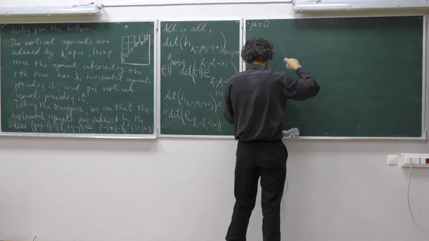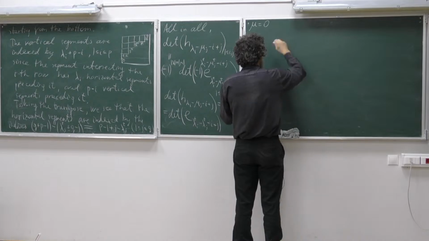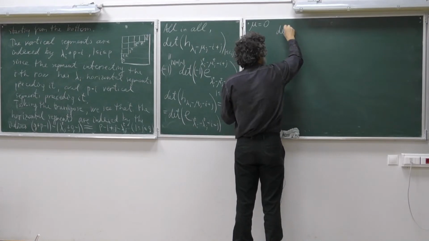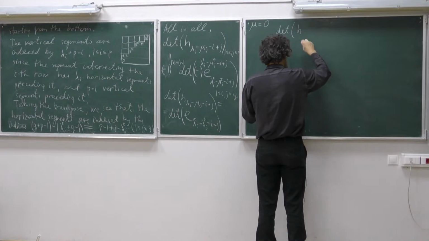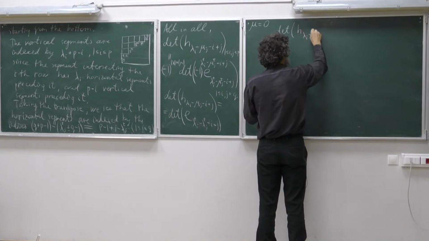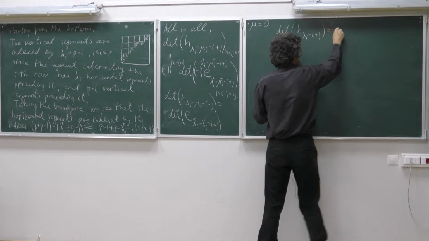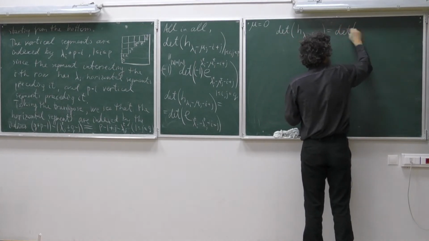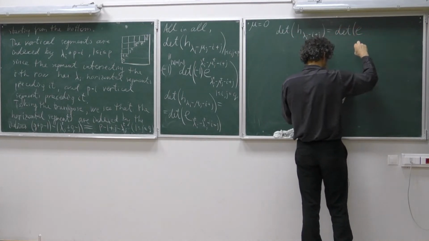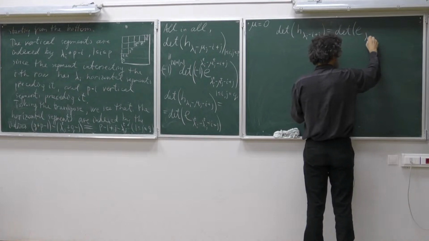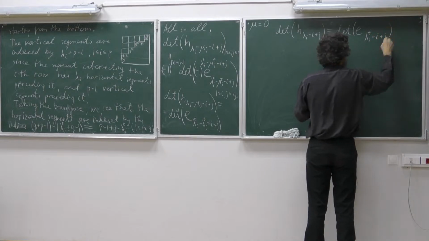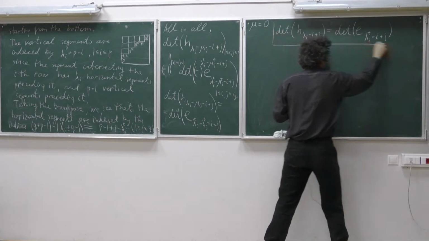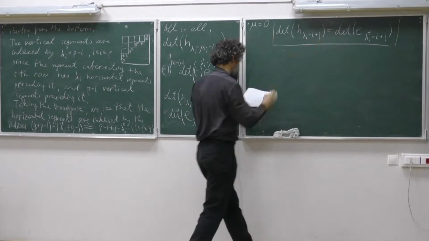So for μ equals 0, we get the determinant of h_{λ_i − i + j} is equal to the determinant of e_{λ_i' − i + j}. Okay, so this will be used later on.